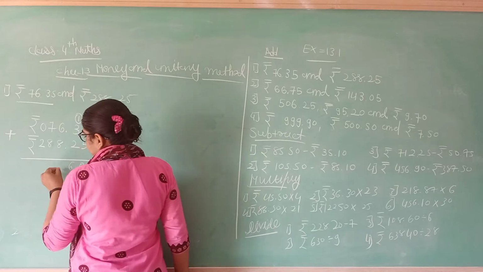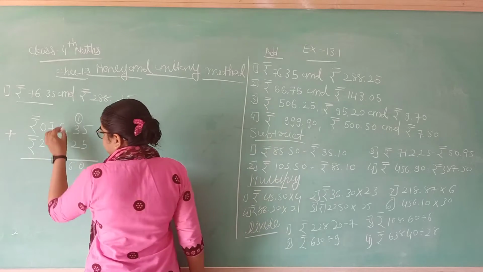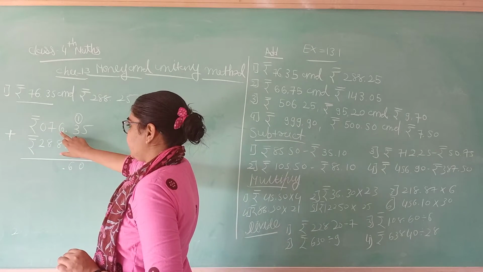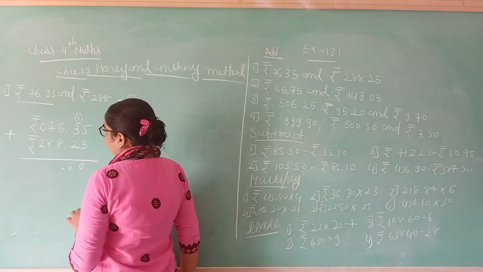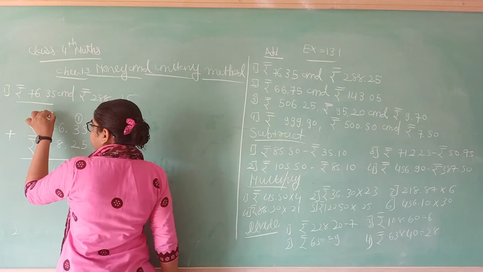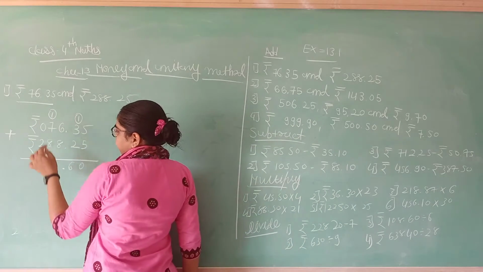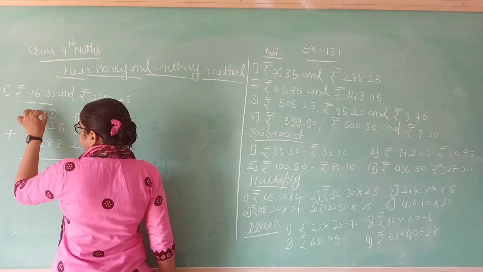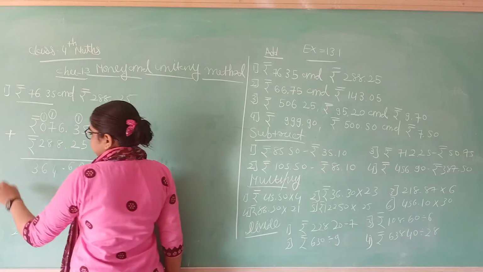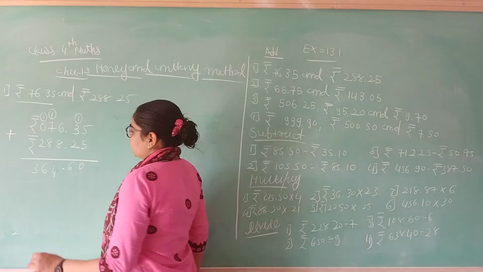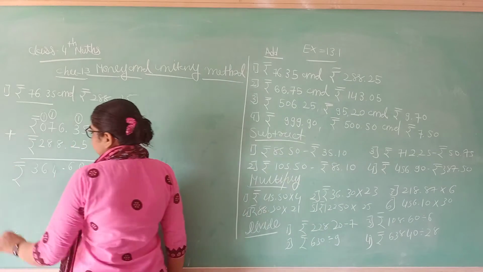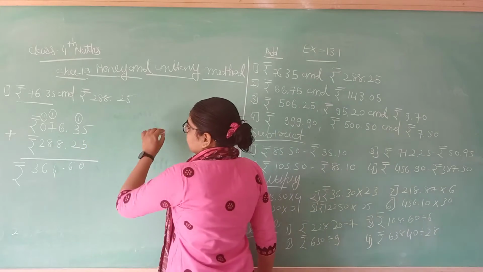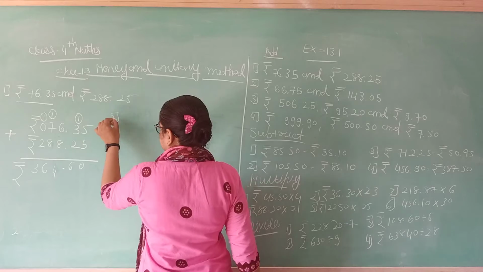Then after the point, 6 plus 8, 14. So 4 here, 1 carry. 8 plus 1, 8 plus 8, 16, 6 here, 1 carry. 2 plus 1, 3. Okay, your answer is 364.60.